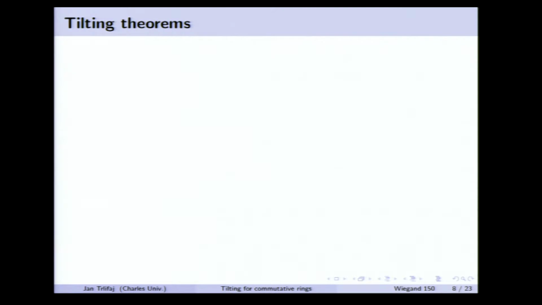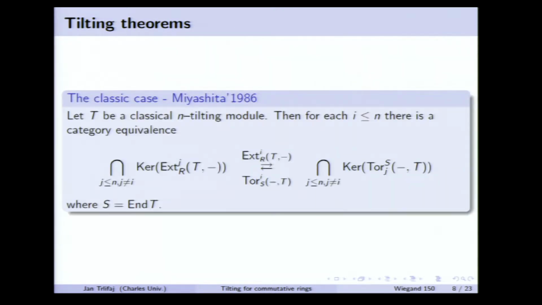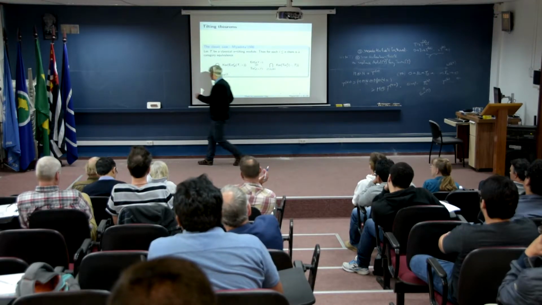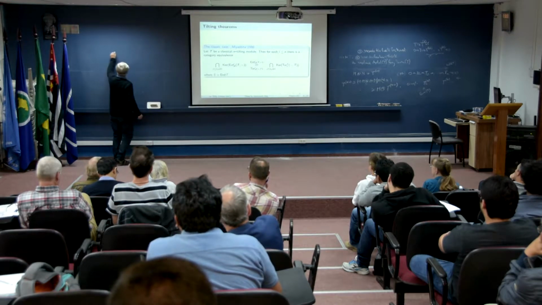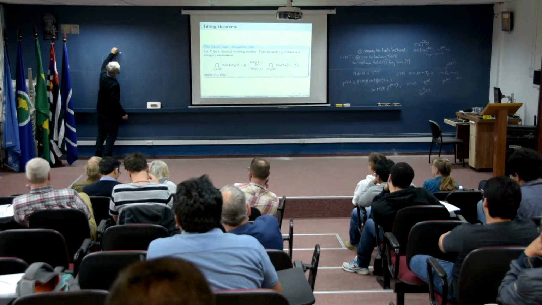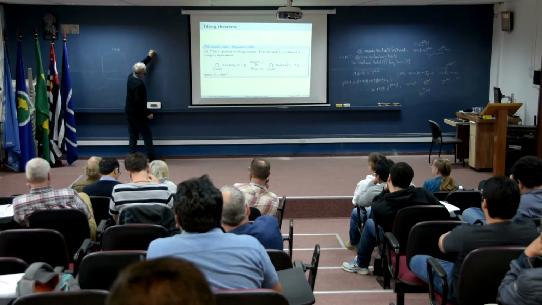Now, what are the classic theorems from tilting theory? Maybe the most famous one that motivated this is the theorem of Miyashita, which generalizes the Morita theorem. Maybe I should draw a picture. I think everybody knows the Morita theorem. What does an equivalence of module categories look like?